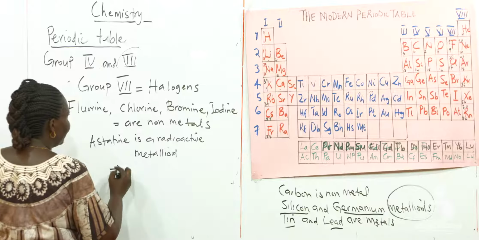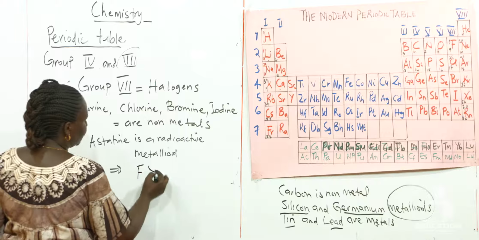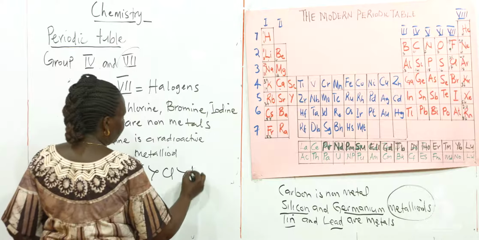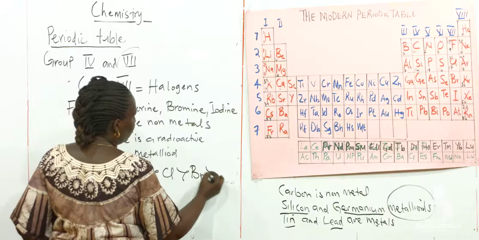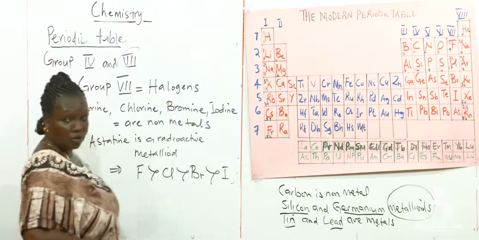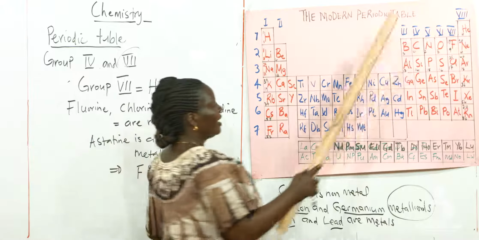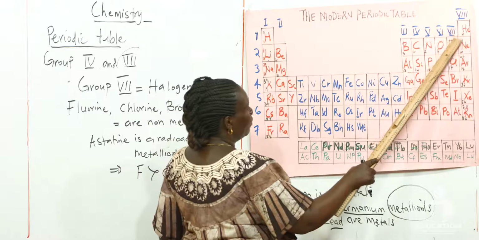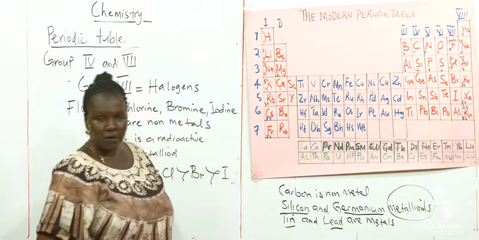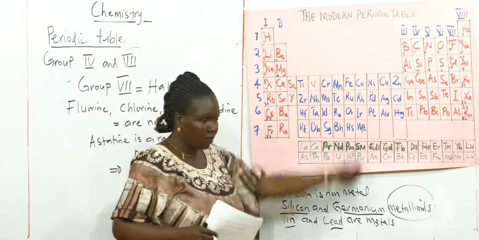So reactivity starts from fluorine, which is more reactive than chlorine, which is more reactive than bromine, and then bromine is more reactive than iodine, which means that reactivity decreases as you move from top to bottom down a group.